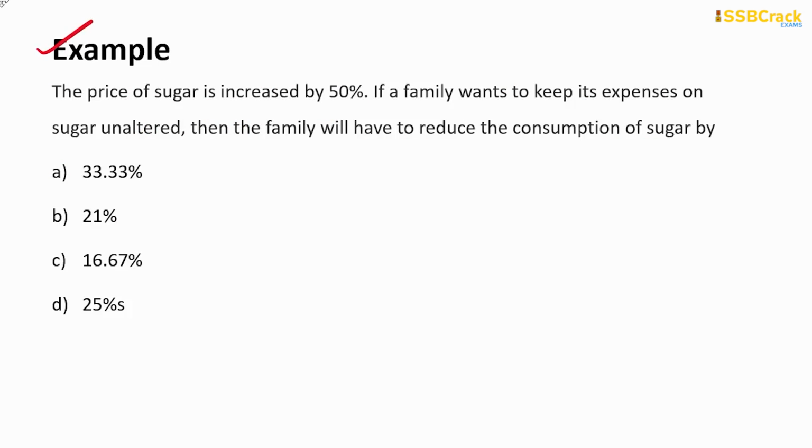This is the example, and it states that the price of sugar is increased by 50%. If a family wants to keep its expenses on sugar unaltered, then the family will have to reduce the consumption of the sugar. See, if we need to keep the expenses unaltered, then if we are increasing the price, the consumption will automatically decrease.